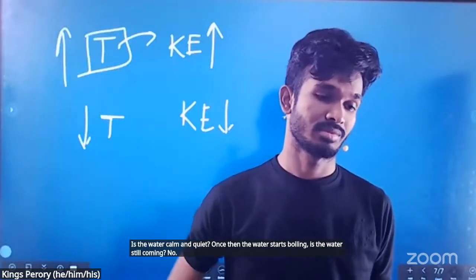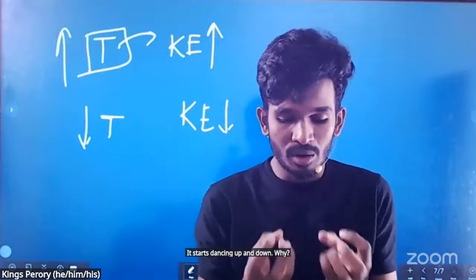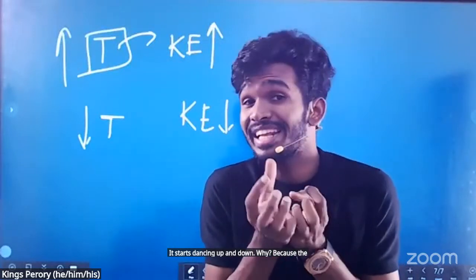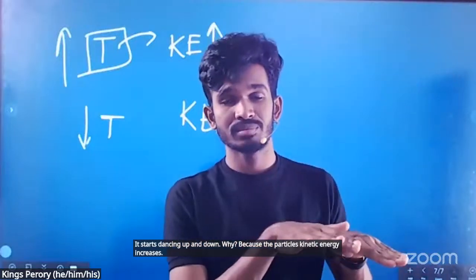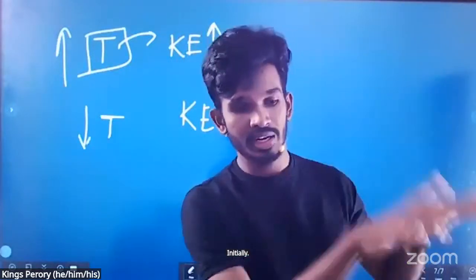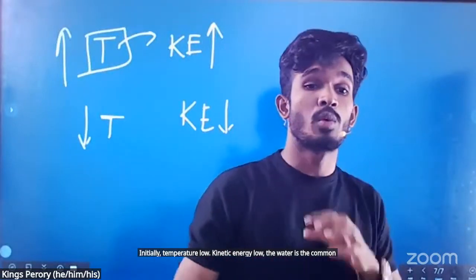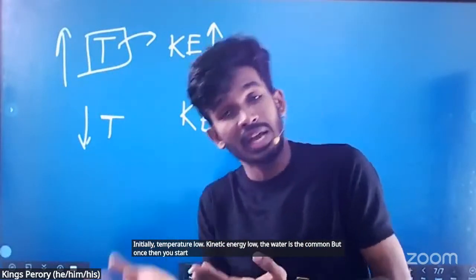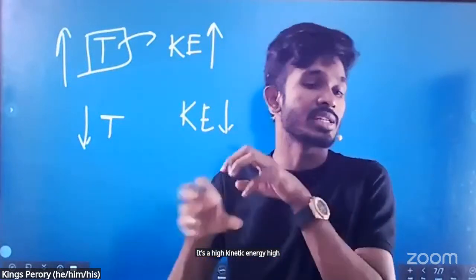No. It starts dancing up and down. Why? Because the particles' kinetic energy increases. Initially, temperature low, kinetic energy low, the water is very calm and quiet. But once you start heating it, temperature high, kinetic energy high, particles start dancing up and down.